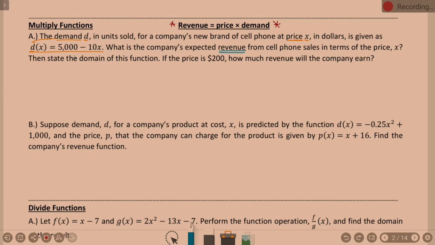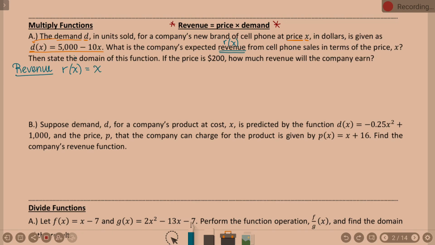For revenue, I'm going to call revenue R, obviously, and I'm going to call it R of X, which is what you could expect to see. So R of X is equal to, revenue is equal to price. What do we say price is?